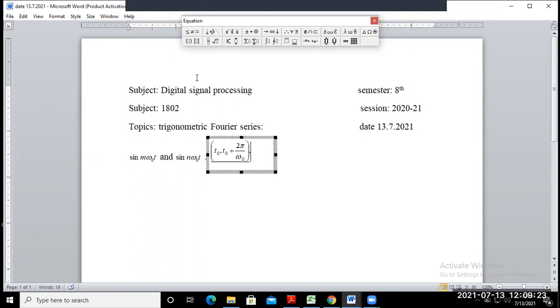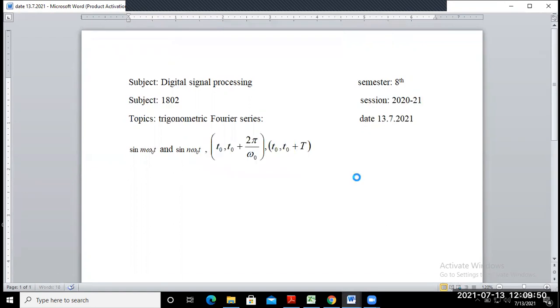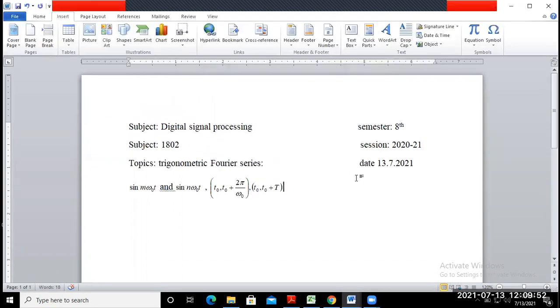So the limits can be written as t naught to t naught plus capital T, which is the time period of the signal.